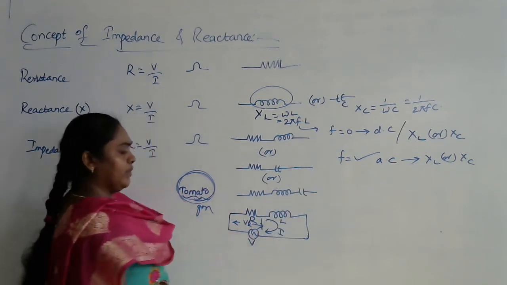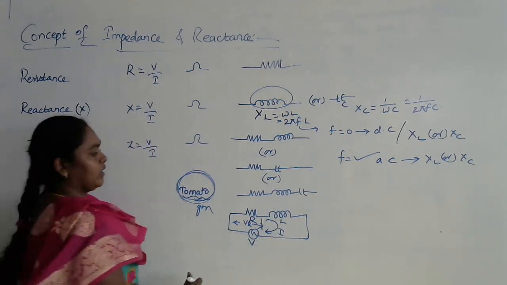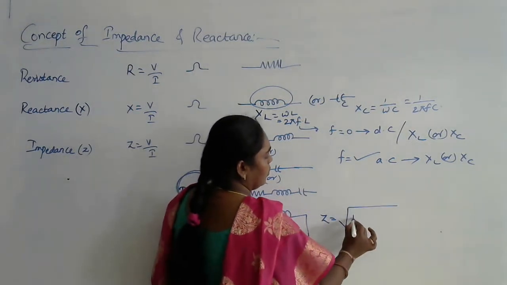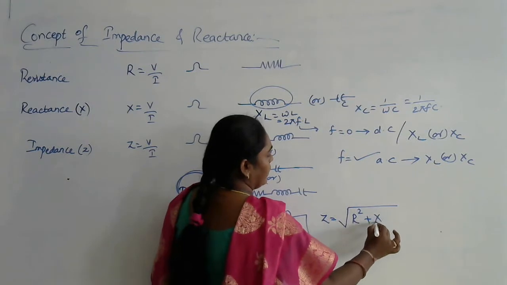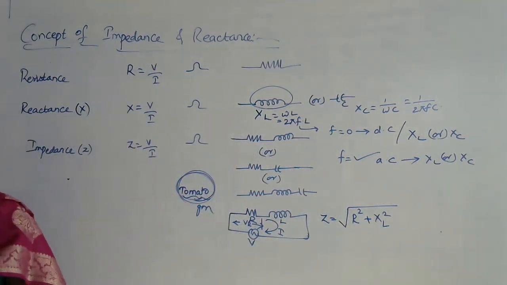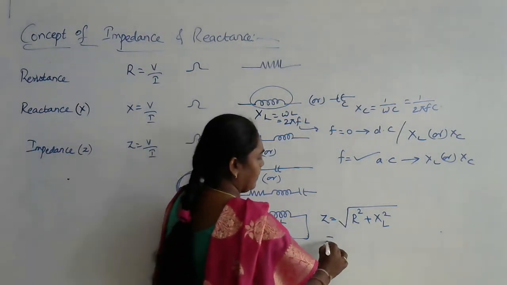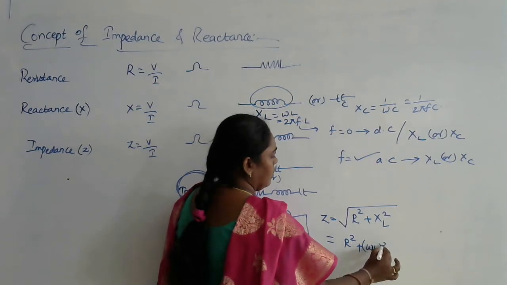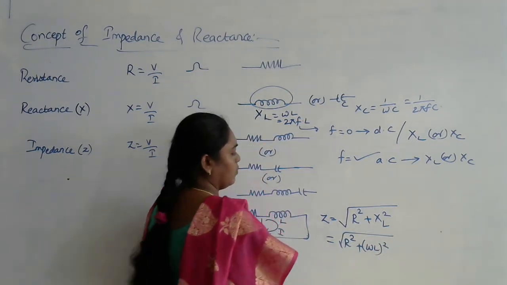So we can write in terms of vector quantity Z as root over R square plus XL square, where XL is nothing but omega L. So we can write this as the square root of R square plus omega L whole square.